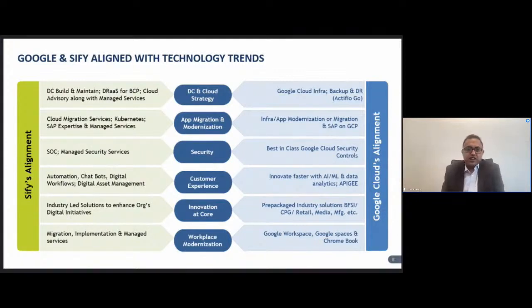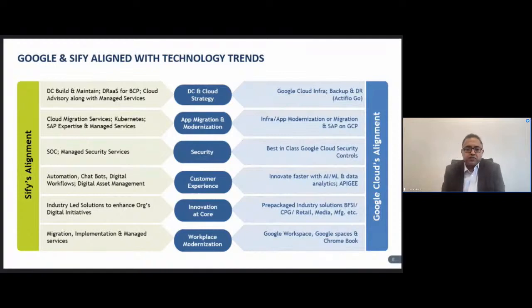When it comes to DC and cloud strategy, it's a different discussion. If it is primary on Google, how we can bring BCP through our estates, our data centers. Beyond that, if it is end-to-end on Google, be it DC and DR, how we manage it. So that's the basic foundation discussion.